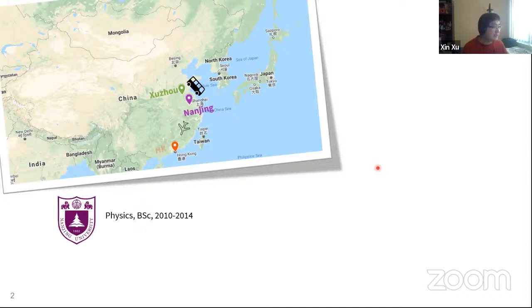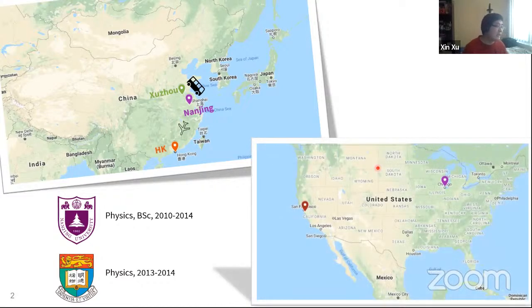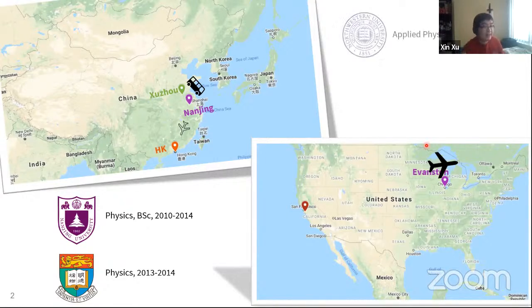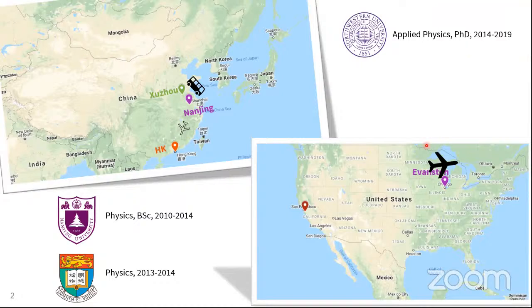And then I went to University of Hong Kong as a visiting student and learned some MD simulation. Later that year, I joined a PhD program in Northwestern, where I totally changed my research field. I studied the solid state ionics in the energy storage materials, which are used for fuel cells.